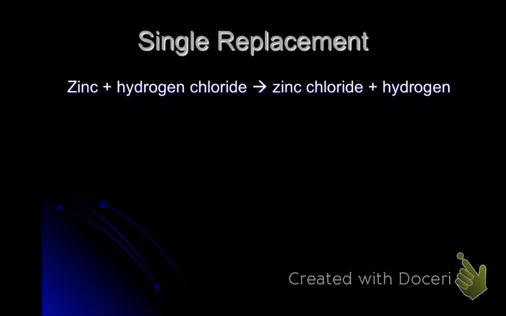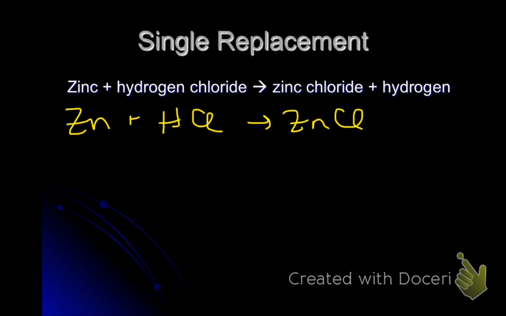All right, let's do a single replacement. This is your pennies from last year that you did, a single replacement. So we have zinc here, Zn, and hydrogen chloride, hydrochloric acid, HCl. And then we have zinc chloride, ZnCl2, and hydrogen H2. If we do oxidation numbers here, the Zn uncombined is 0. HCl is going to be +1 and -1. This is the rule where we can use hydrogen. We can also use that chlorine is more electronegative, so it would have its charge as an ion, or that it's overall neutral. Same thing over here.